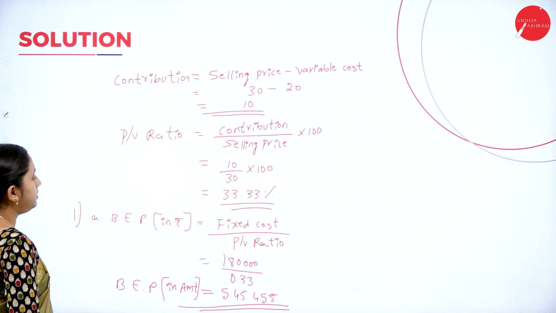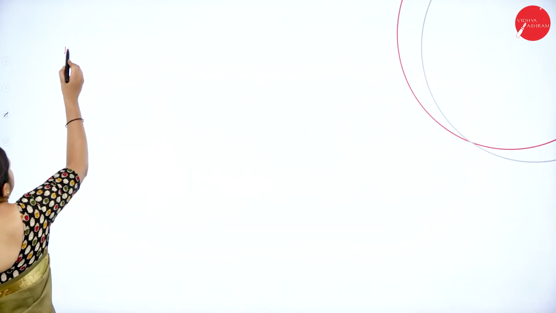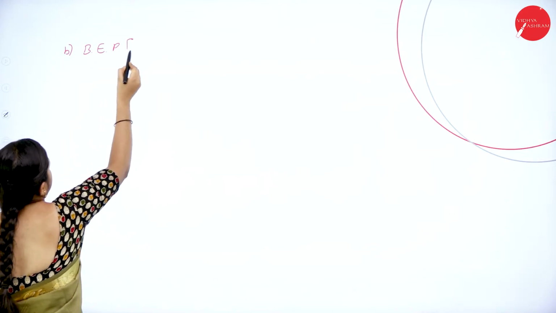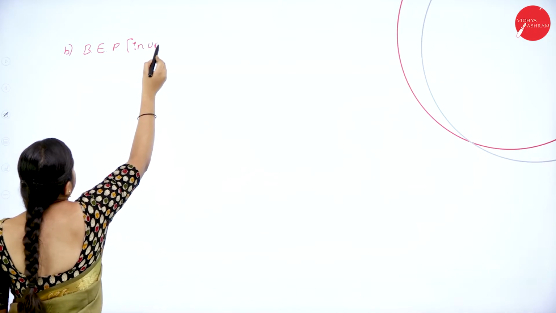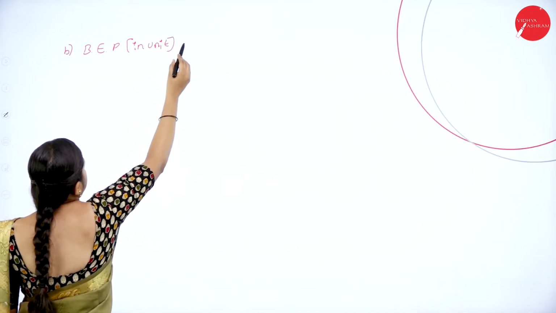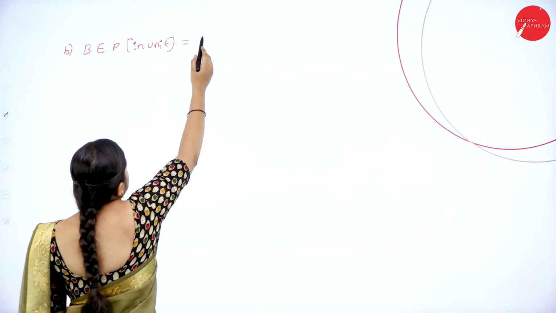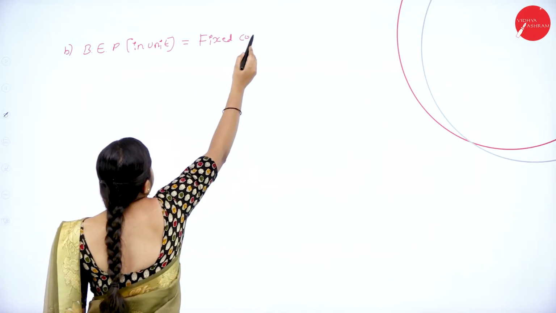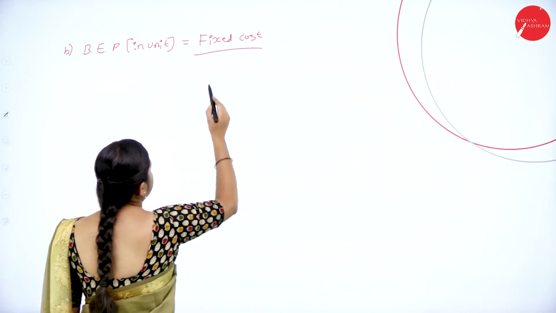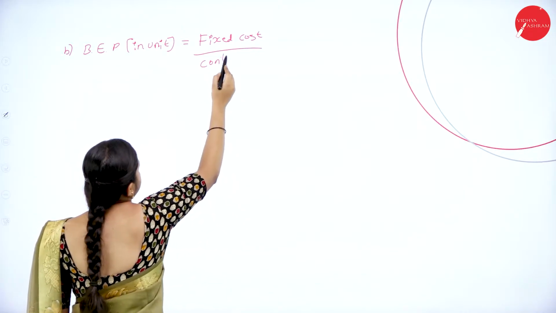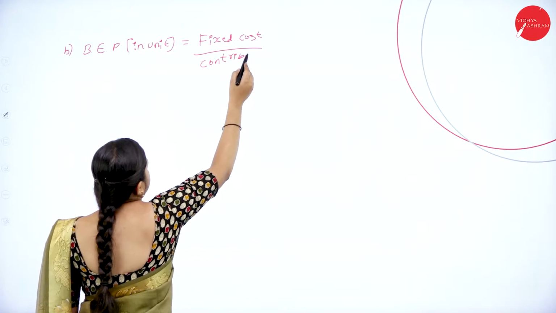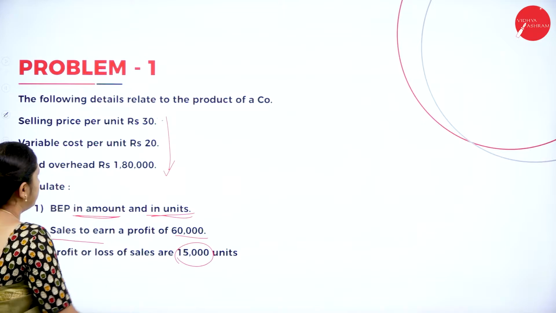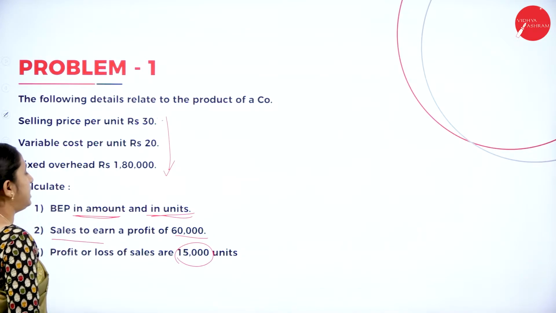Next, BEP in units. BEP in units is equal to fixed cost divided by contribution. Here, fixed cost is 1,80,000.